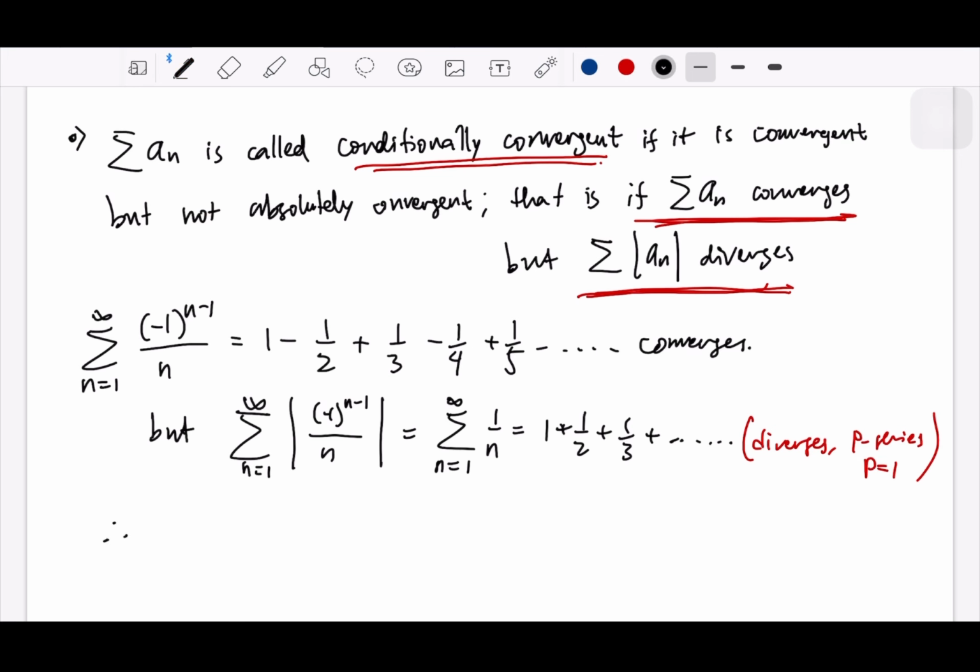And then our conclusion will be that this alternating series is conditionally convergent.